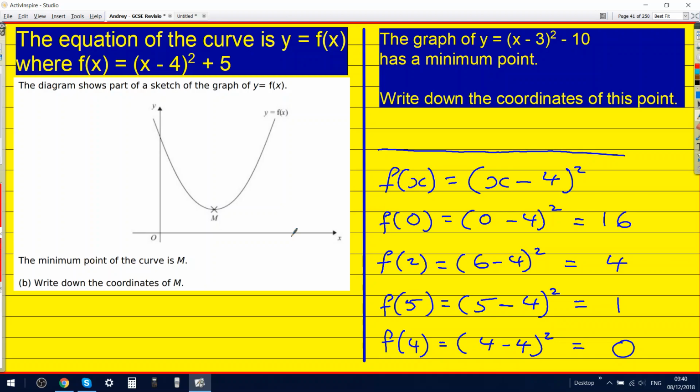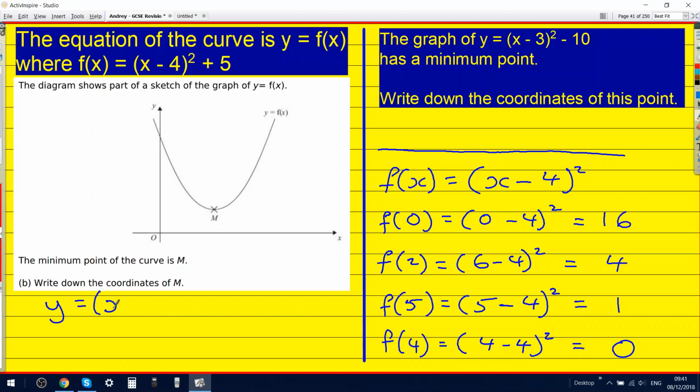Yes, and so it's like the y equals x squared graph. It bounces back. So what's the smallest number you can get? 0. The smallest number you can get is 0, and that's when x is 4. So what's the smallest y you can get on our graph? Is that 4 as well?